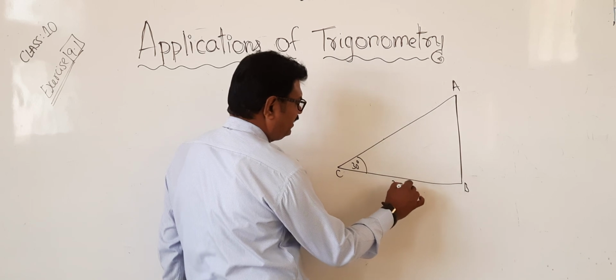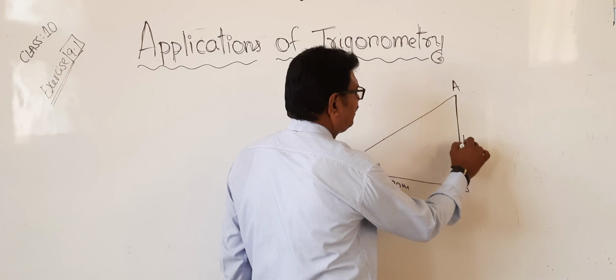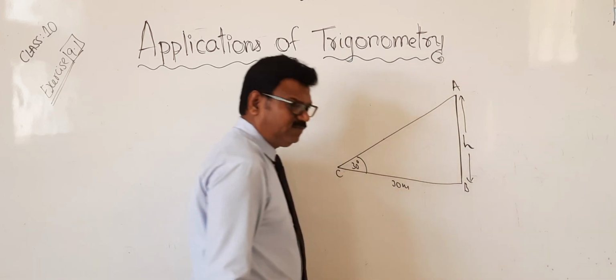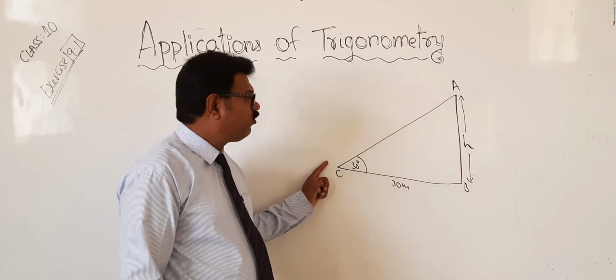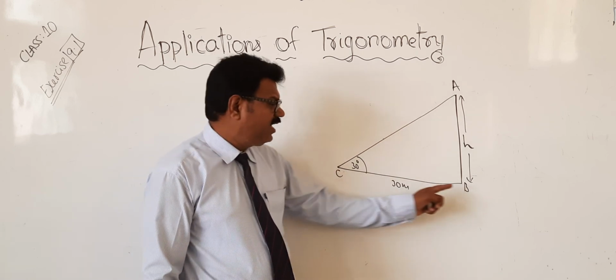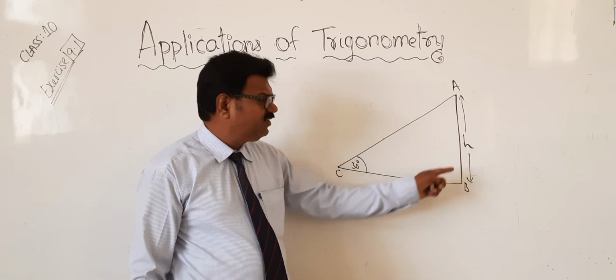Away means it is nothing but 30 meters. Find the height of the tower. It is very simple. The angle of elevation from the certain point is 30 degrees, which is 30 meters away from the foot of the tower. Then find the height of the tower.